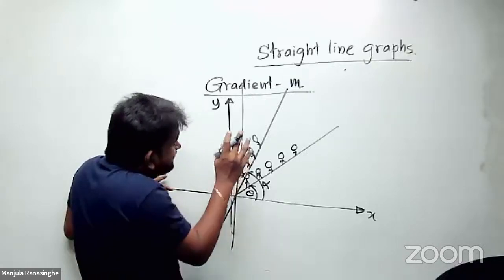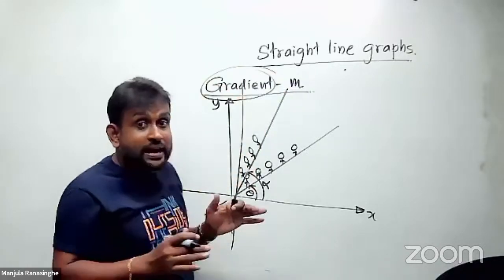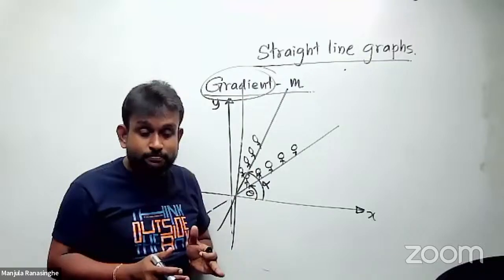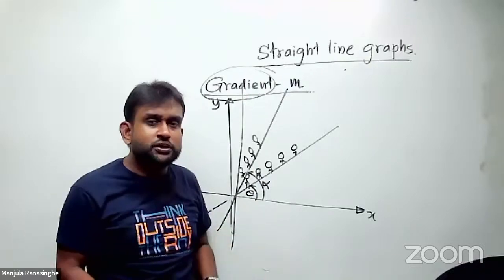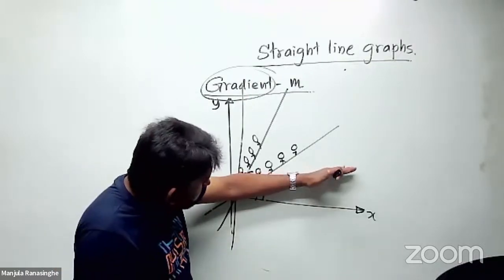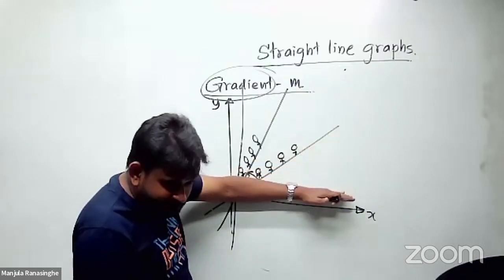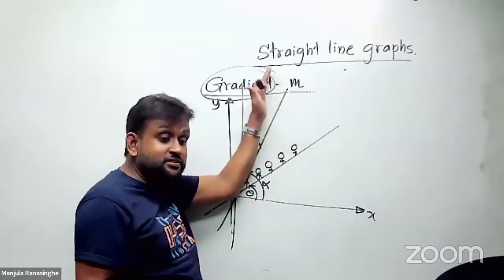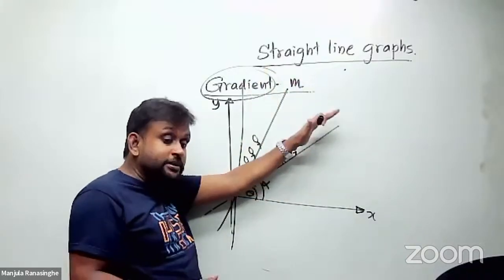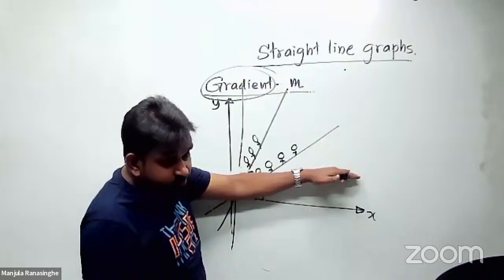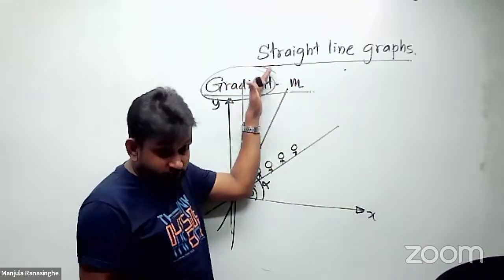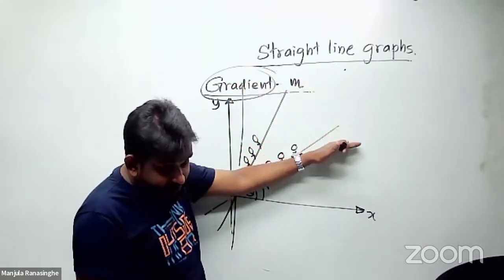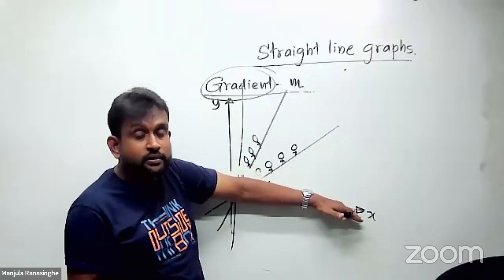So remember, the gradient is like an inclination with the x-axis, but that is not the exact definition. If the straight line gets more inclination with the x-axis, its gradient increases. If it comes this way, the gradient has lower values.